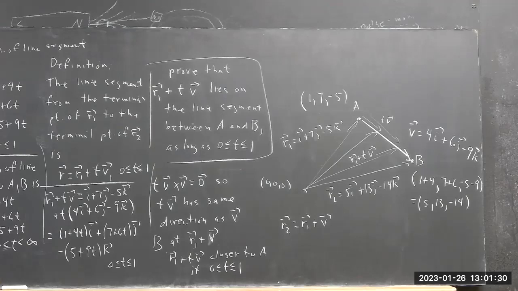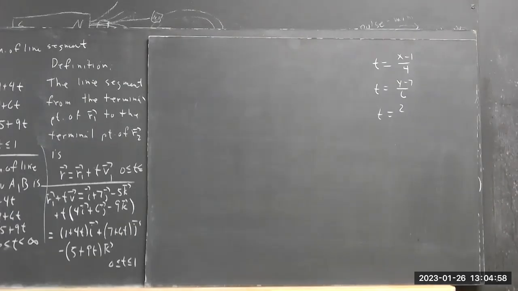Okay, well, now eliminate t. In other words, solve each equation for t. Now, I did have a mistake here. z is not 5 plus 9t, it's negative 5 plus 9t.